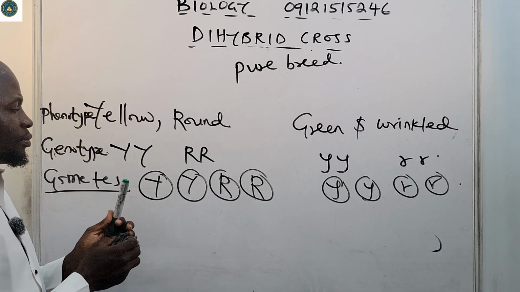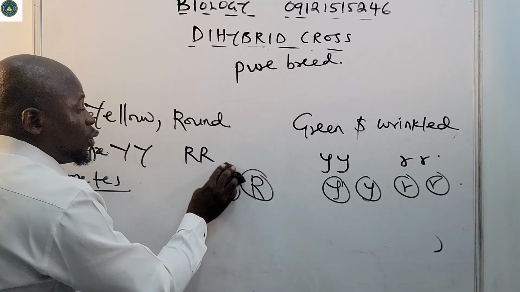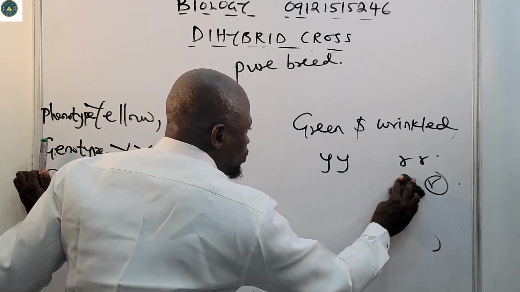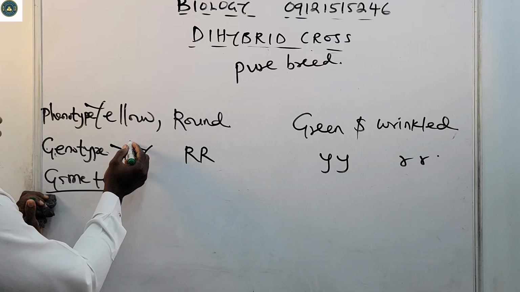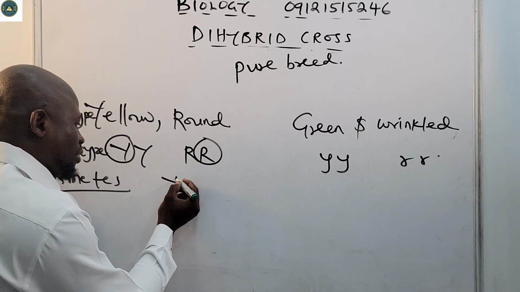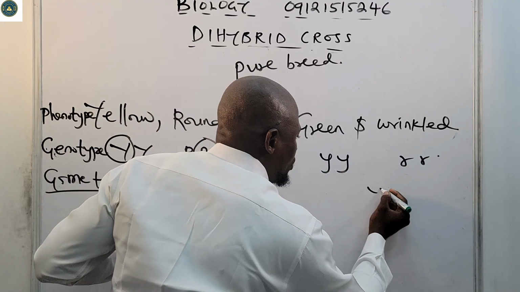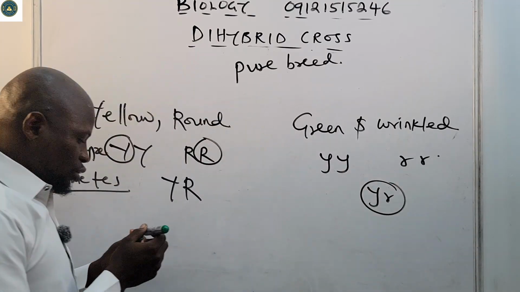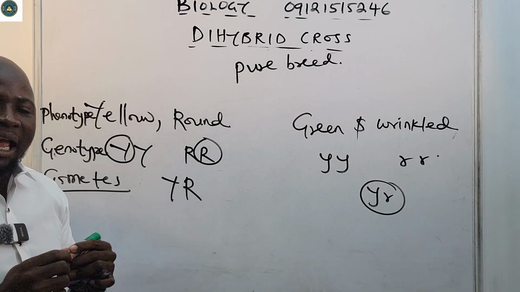So when it comes to dihybrid cross, what we simply do to get our gametes is take one of these and one of these. We're going to have Y and R together. Then here we're going to have y and r together. This is what we do when it comes to dihybrid cross.